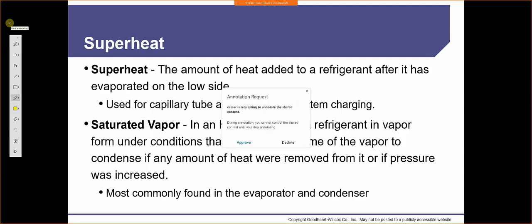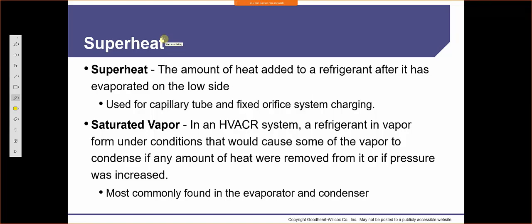All right, so superheat: the amount of heat added to a refrigerant after it has evaporated on the low side. So what that means is if my temperature at 125 psi is 70 degrees, anything above that 70 degrees that we measure is going to be what we consider superheat. We're going above our saturation point.